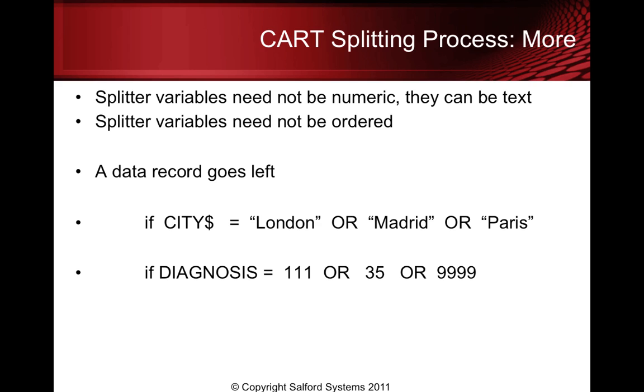If we're looking at some medical information, we might have a diagnosis code, and if we treat that, this might be coded as a number, but we would want to indicate that it is a categorical variable, because there's nothing about diagnosis 111 which would suggest that it is 3 times approximately the value of 35.